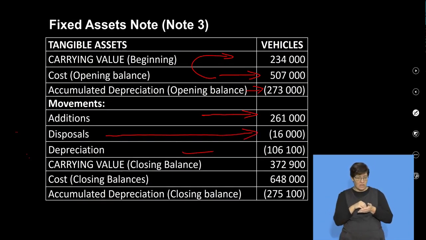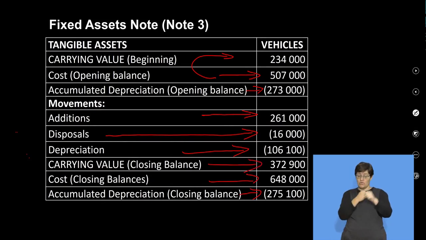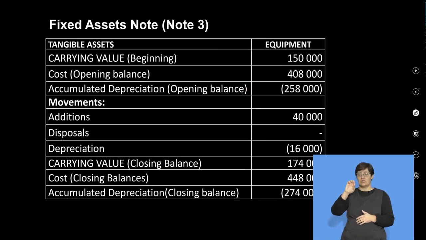Obviously you bring in your depreciation, which we've calculated already, and then you take your closing balance of your vehicles minus your closing balance of accumulated depreciation, and that will give you your carrying value at the end of the year.